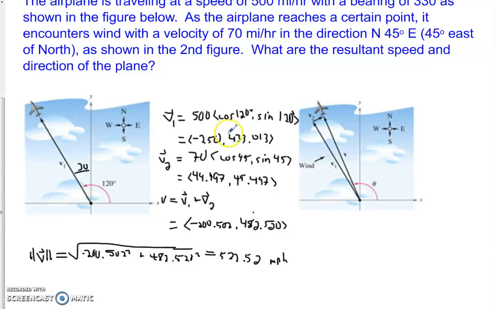Now the more interesting part comes with finding the direction of the plane. I know its magnitude. How do I find direction? Well, that's an inverse tangent issue. So theta is equal to the inverse tangent of the vertical component, 482.520, over negative 200.502. Looks like a lot of numbers.